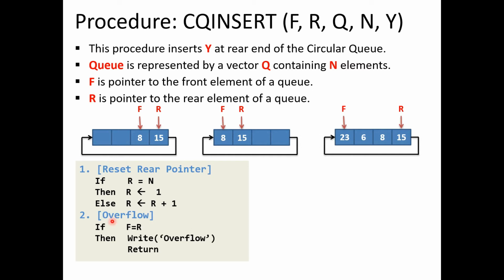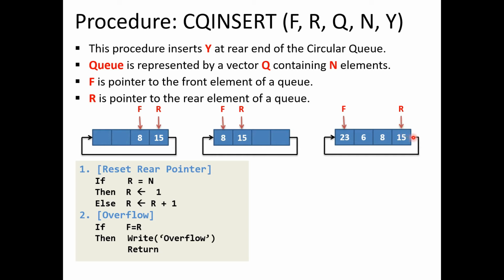Then the second step is overflow. If F is equal to R, then write overflow and return. See, here R is located at this position, that is R is equal to n.